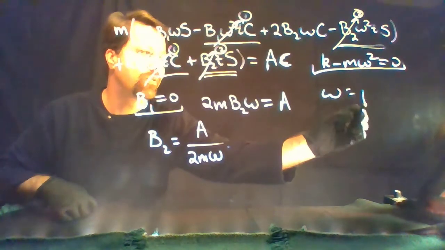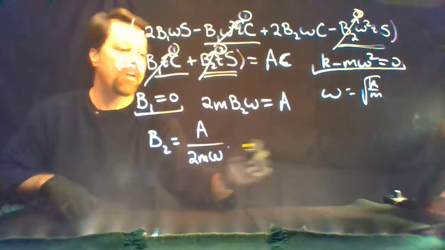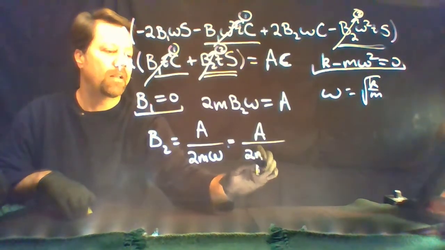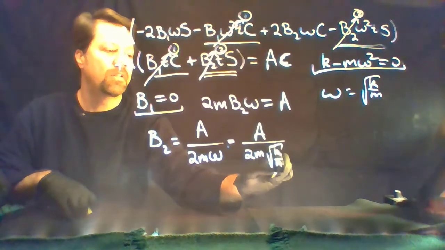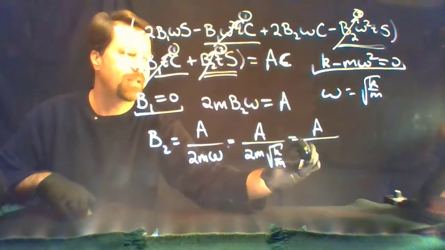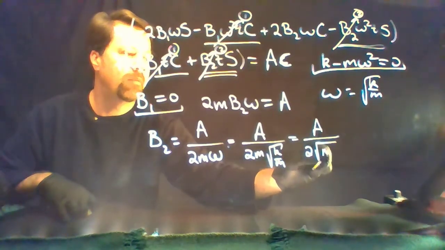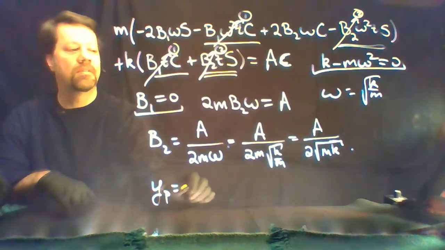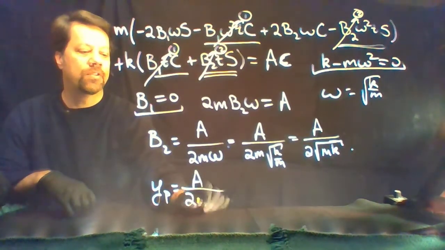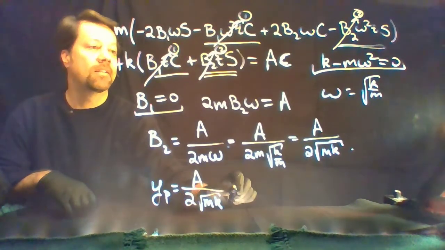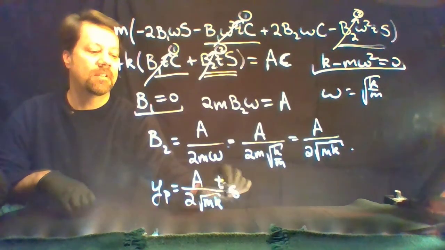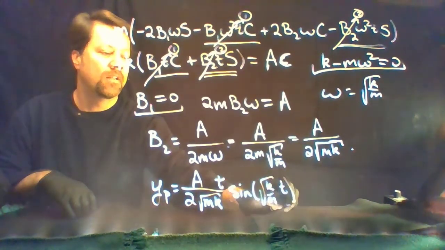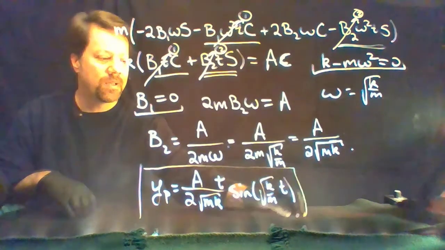Omega, we said, was the square root of k over m, so this is a divided by 2, m times the square root of k over m, which is a divided by 2 square root m k. That gives us the particular solution, a over 2 root mk times t times the sine of root k over m t. There's your particular solution.